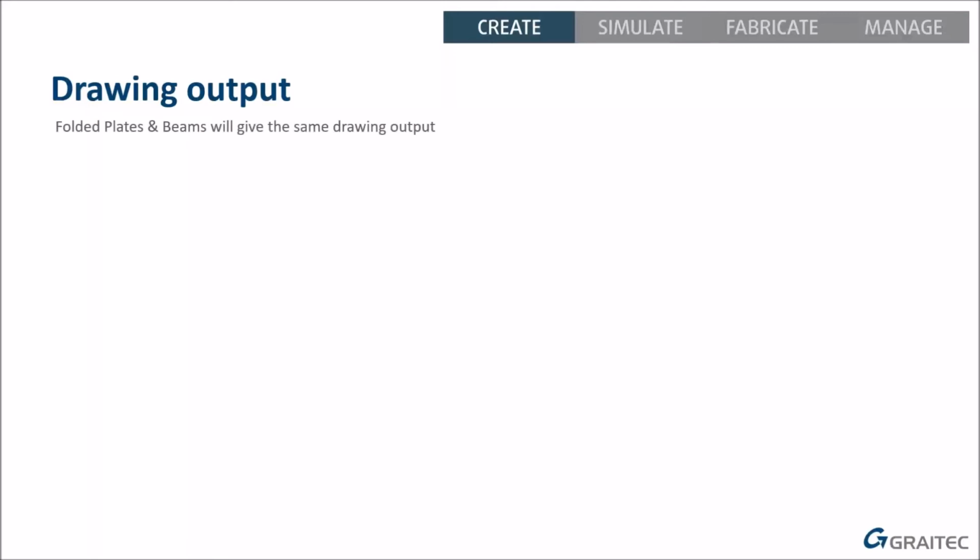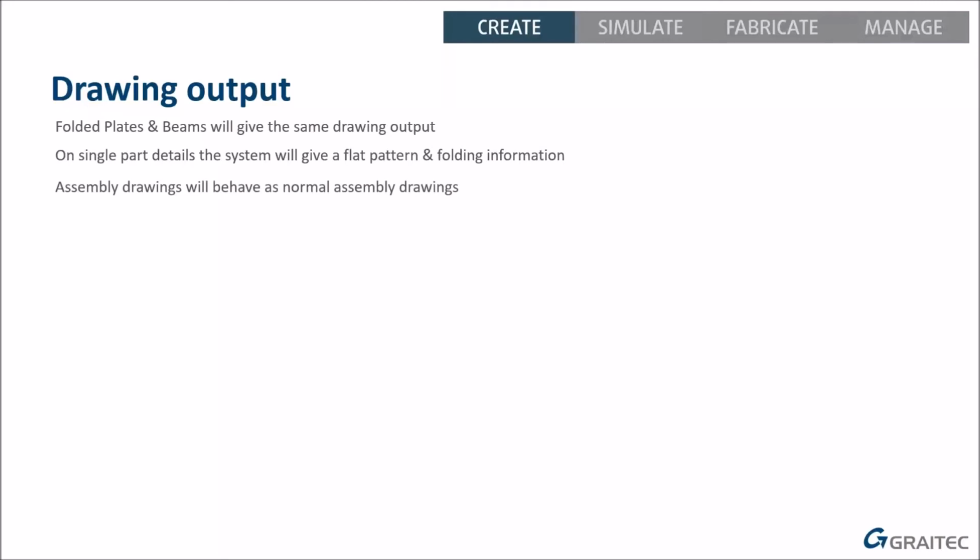So folded plates and folded beams will give you the same drawing output. The system sees them as folded items that need to be flattened out. So on a single part detail, the system will give you a flat pattern and the folding information. Assembly drawings will behave as normal assembly drawings. So out of the box, you won't get a flat pattern if you run an assembly drawing for a standalone part.